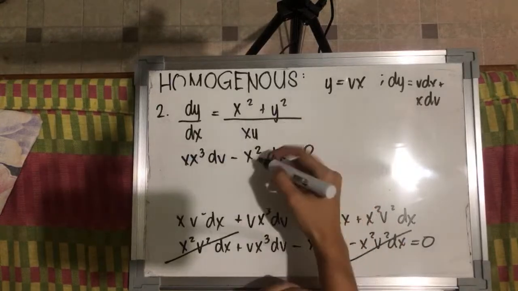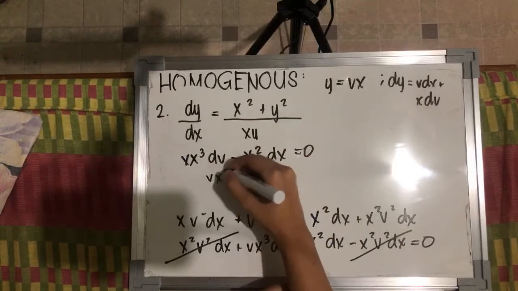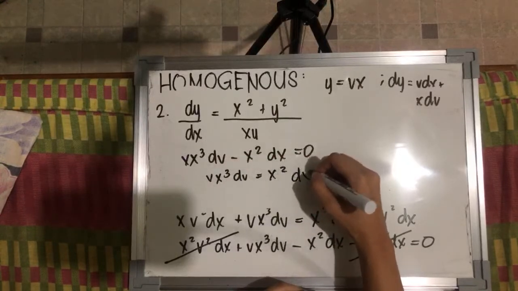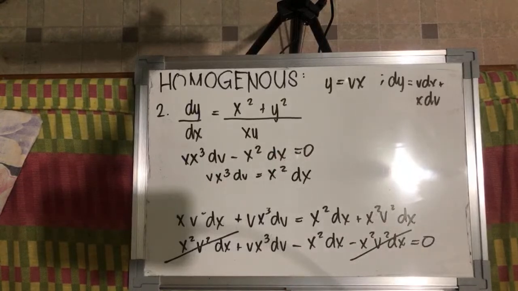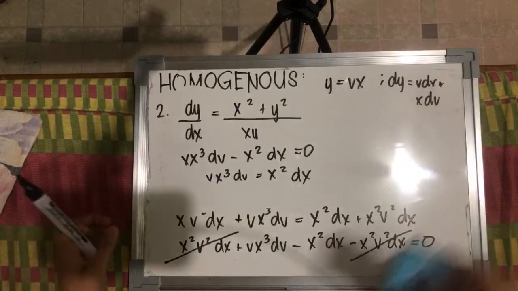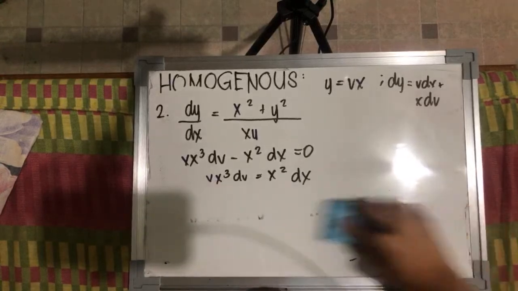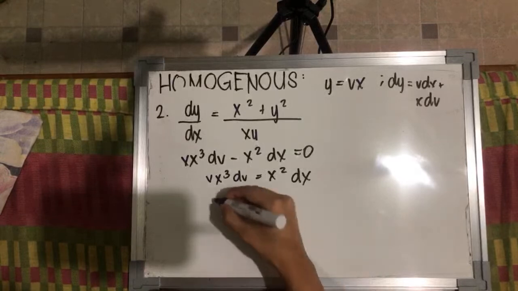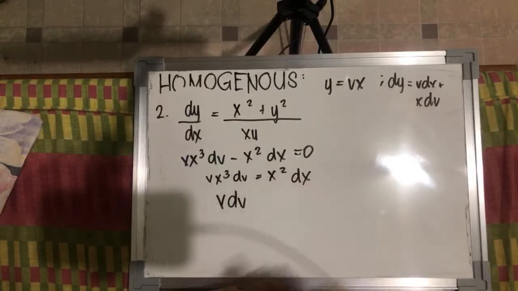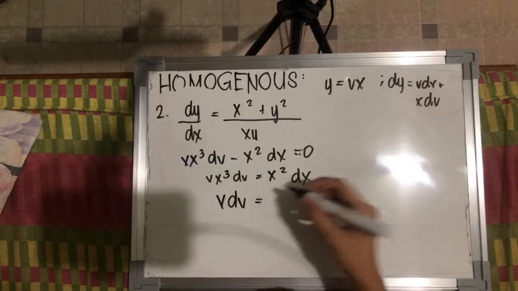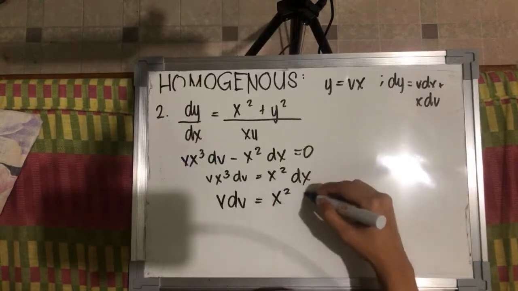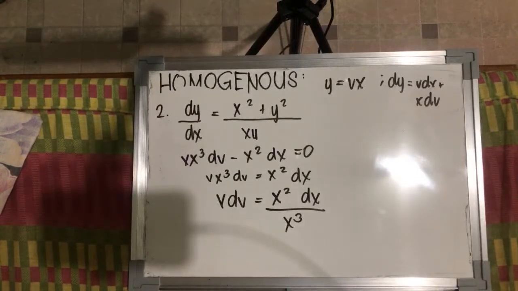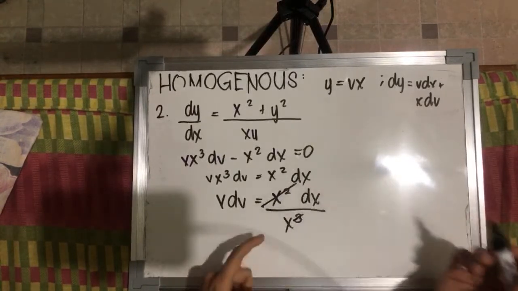So, transpose ko sa kabila ito. vx cubed dv is equal to x squared dx. So, pwede na nating i-combine yung similar terms. Variable separable na siya. So, v dv is equal to x squared dx over x cubed. Cancel, matitirang isa.